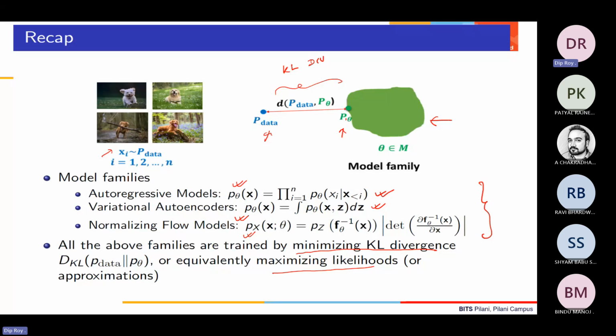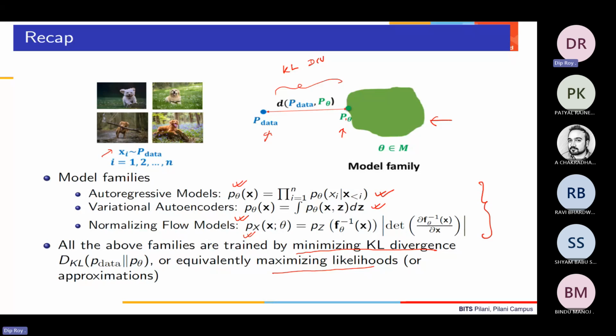Either way, we were working with likelihood, and minimizing the KL divergence is equivalent to maximizing the likelihood, which is why we took this approach. All these worked well because we had direct or indirect access to likelihood.